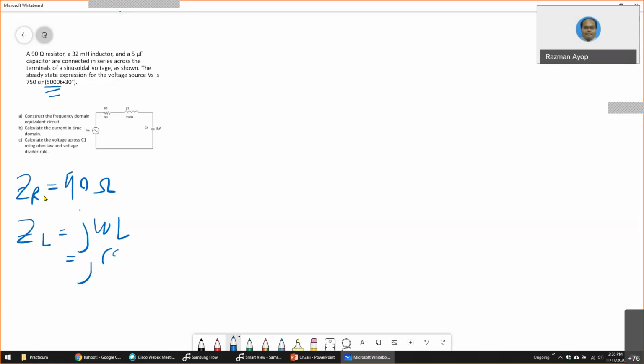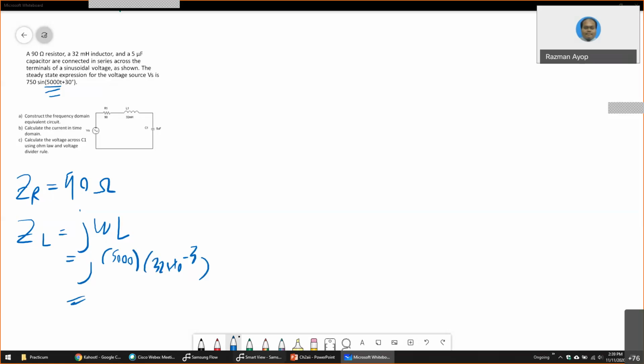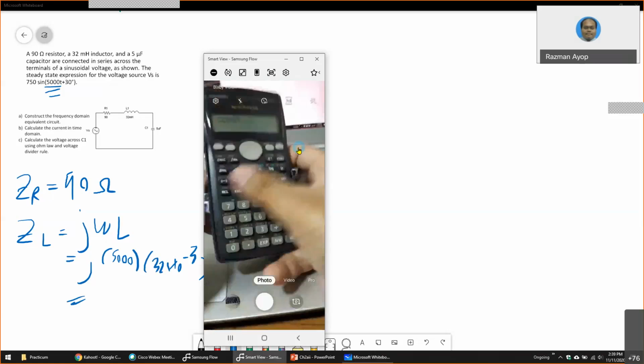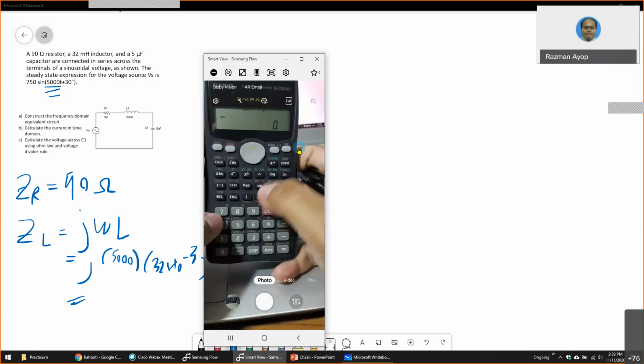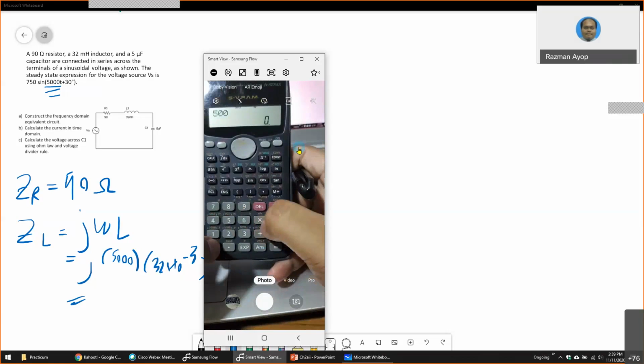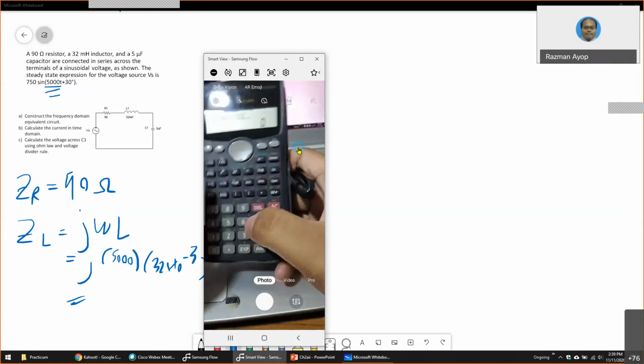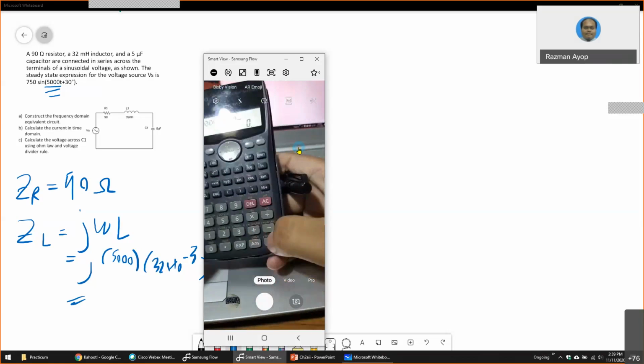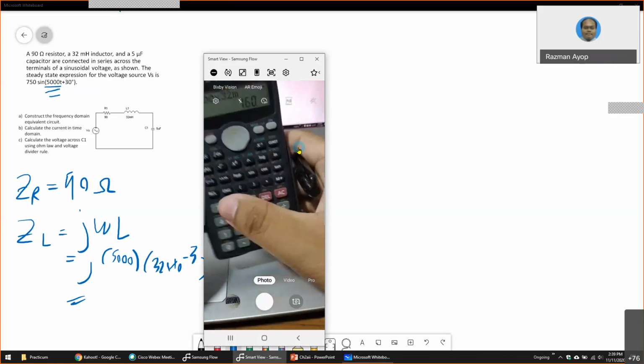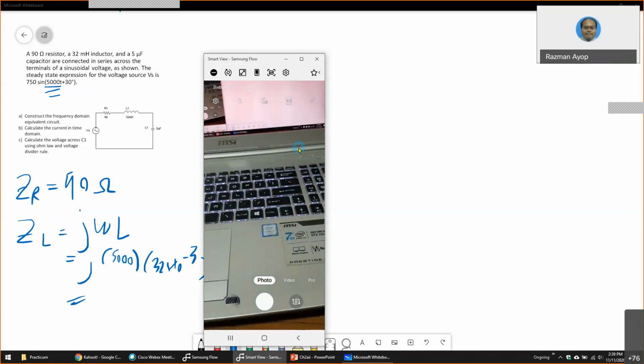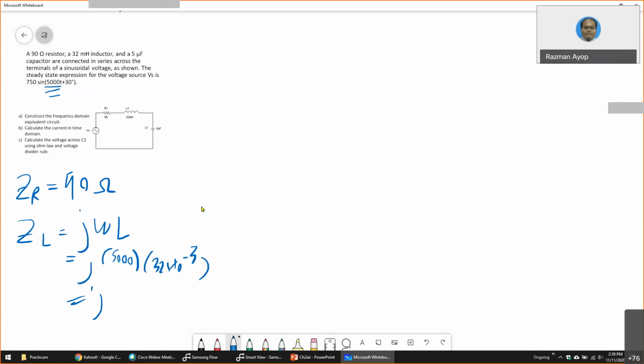So you get 5,000, and L is 32 multiplied by 10 to the negative 3. Use your calculator: 5,000 multiplied by 32 milli. So you get 160 J ohm.